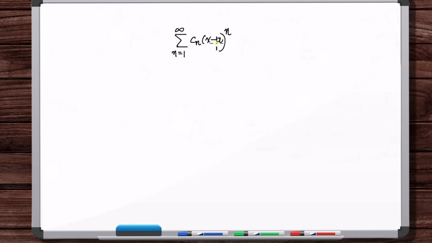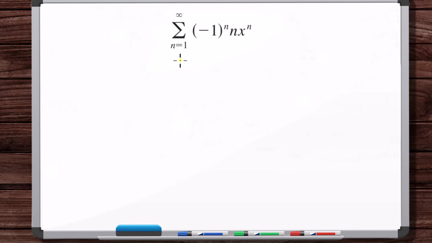A lot of times you'll see a power series centered at 0, so there'd be an x to the n is all you'll see, with a bunch of n terms all around it, and that's just a power series centered at 0. a is equal to 0.